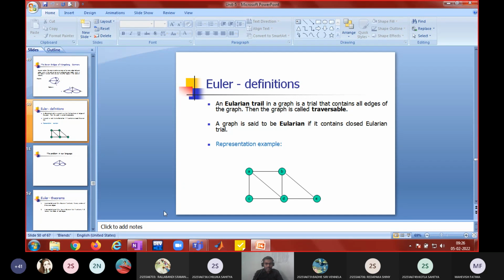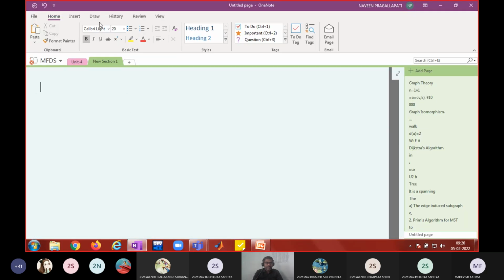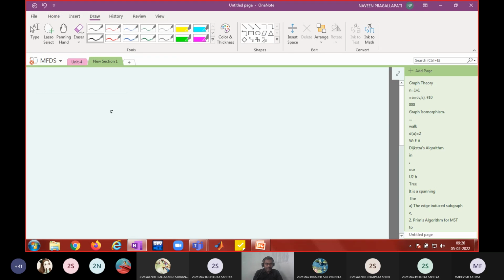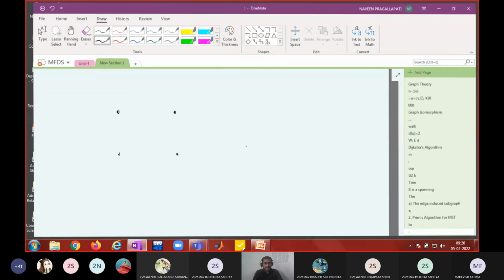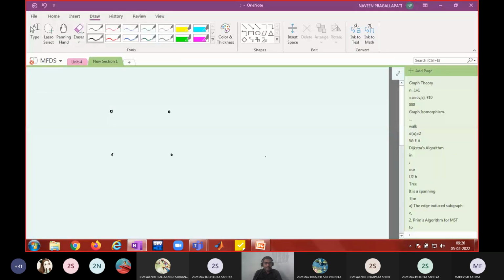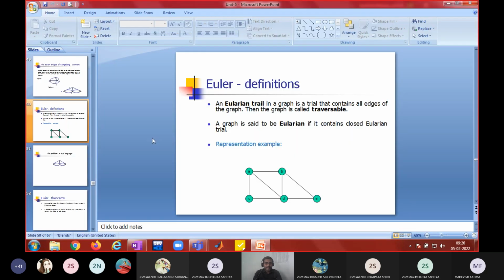I will draw this graph in this OneNote. Is there any Eulerian path or closed Eulerian trial?